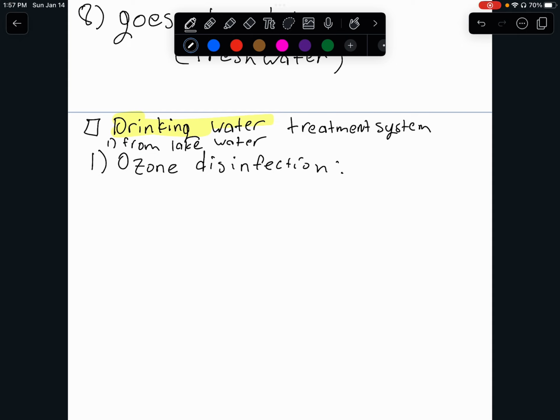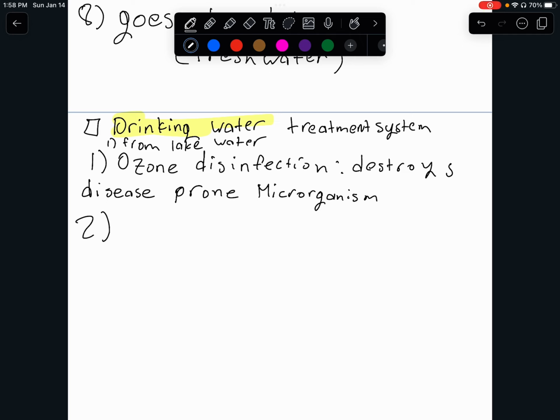We have ozone disinfection, which destroys disease-prone microorganisms. So any bacteria or microorganisms that can cause diseases in the water, that's what it does. It uses ozone to kill them or reduces the chances of them.